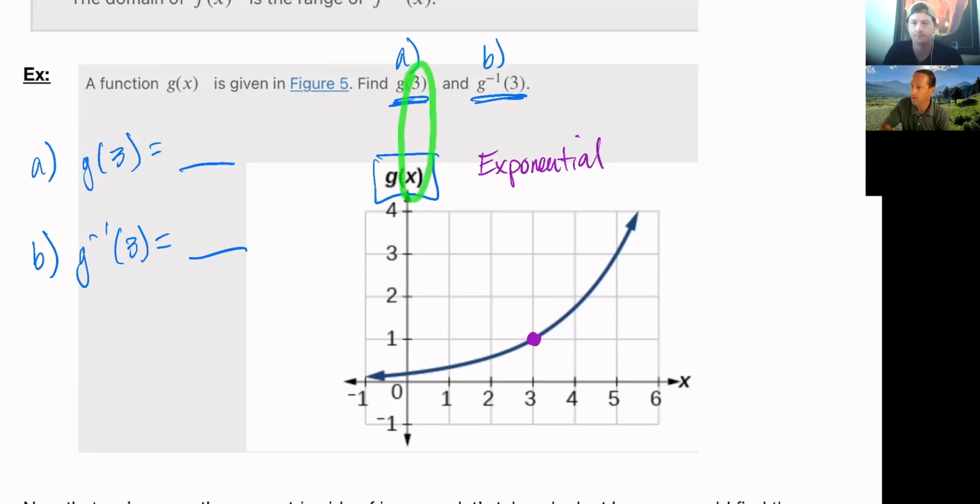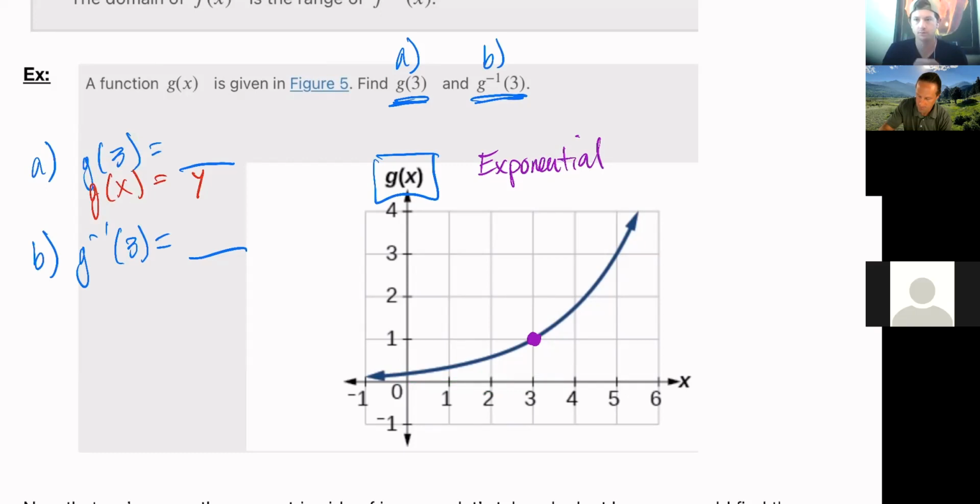Yeah, remember, if you're ever unsure, write it right underneath. F of X was equal to Y. Notice they gave me the X, they want the Y. So go right 3 and go up or down, depending on your graph. In this case, up until you hit, and what do we get? 1. Excellent.